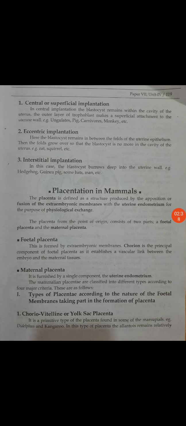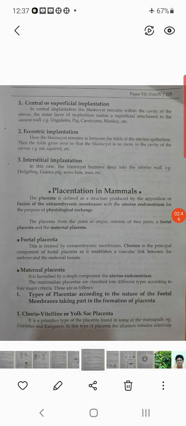The point is that the fetal placenta and maternal placenta, as per the name, these tissues are taking part in the formation of placenta. But still, the types of placenta are there, and we have to see in detail about the types.